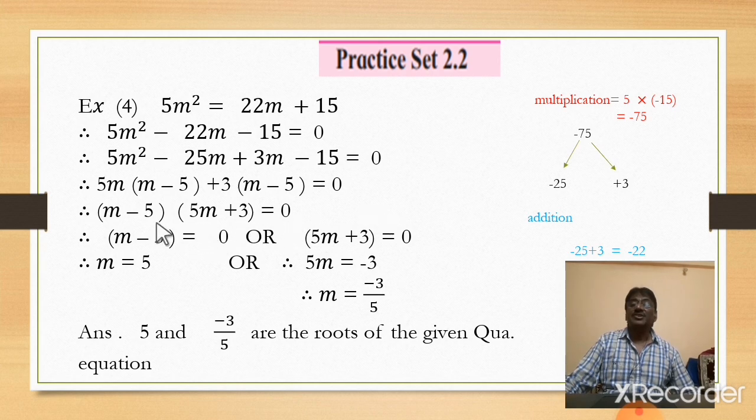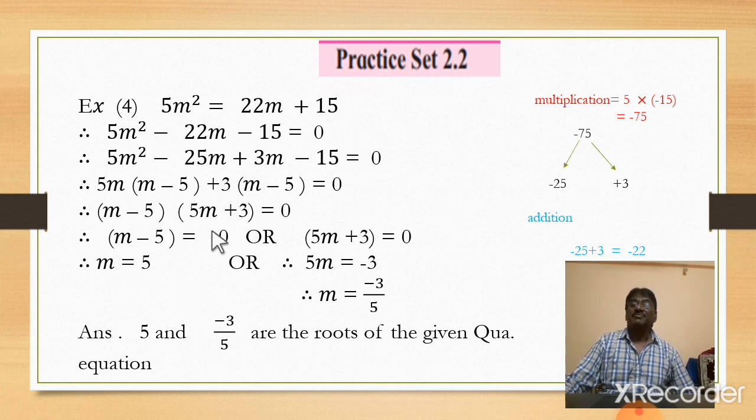Now, the multiplication of these two brackets is 0, therefore the first bracket is equal to 0 or the second bracket is equal to 0. If the first bracket, that means m minus 5 is equal to 0, then we get m equal to 5.